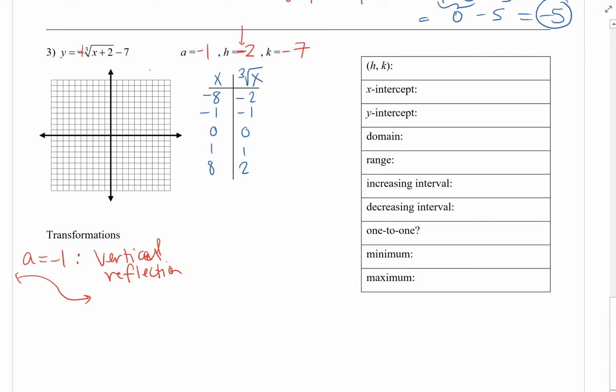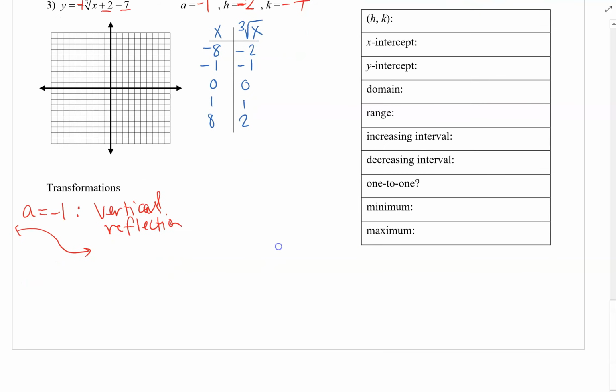So we've identified our a, our h, and our k. And because h is -2, that means I'm going to have a shift that's going to go to the left 2 units, right? It's horizontal because it's adding to the h, so it's going left. And then because my k is negative, my graph is going to go down 7 units.